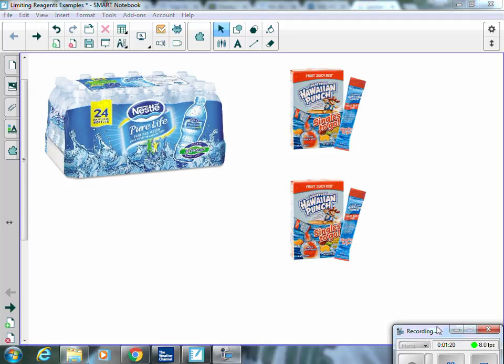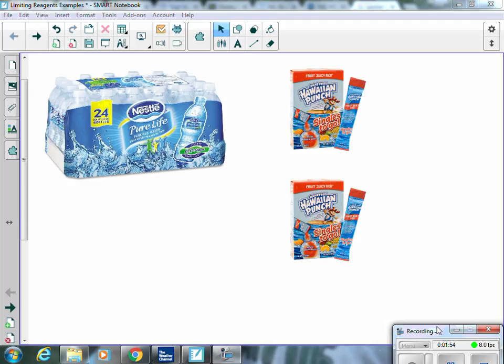Now, what limits my reaction? Well, I look at this. How many bottles are in a case of water? 24. Anybody know anything about fruit juice packets? There are 8 packets in each box.